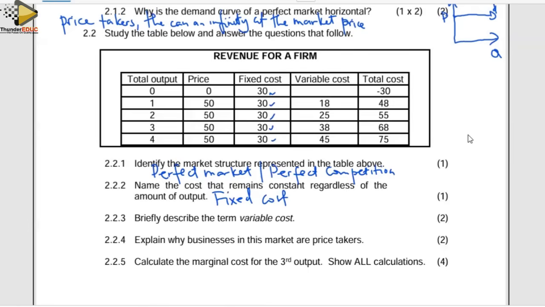Right, briefly describe the term variable costs. We are saying these are costs that change directly with the level of production.